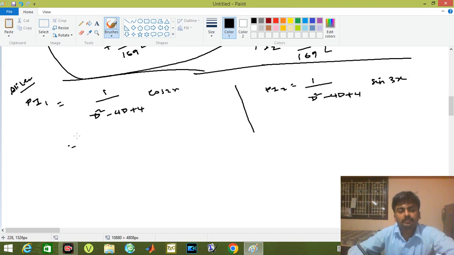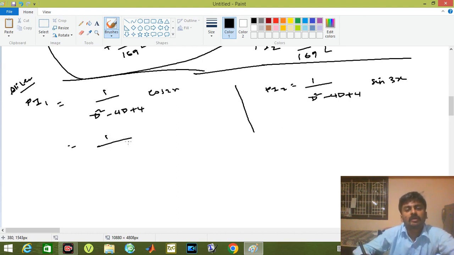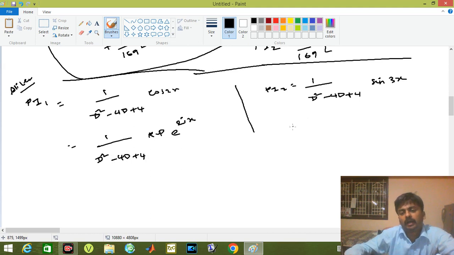Now 1 divided by cos 2x can be written as real part of e power 2ix, and the denominator is same, and here you will have 1 divided by D square minus 4D plus 4 into imaginary part of e power 3ix.